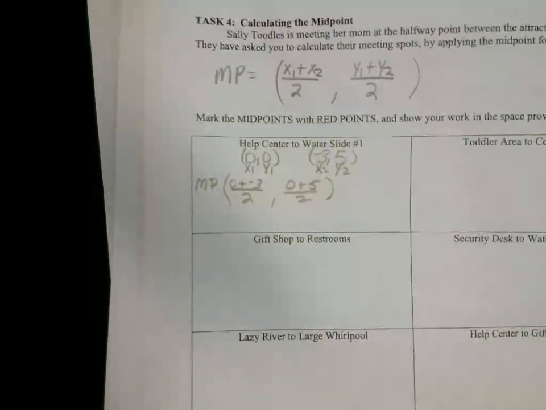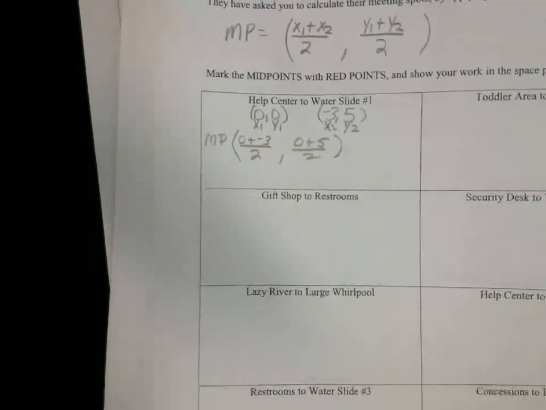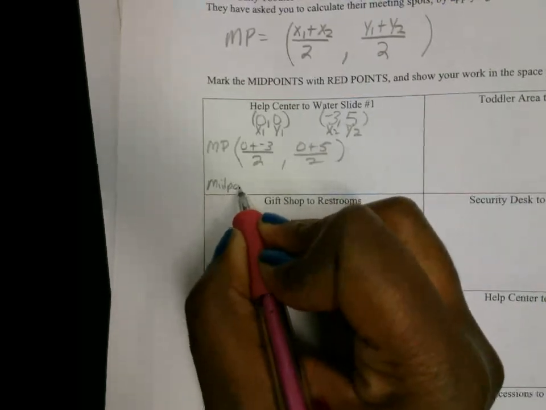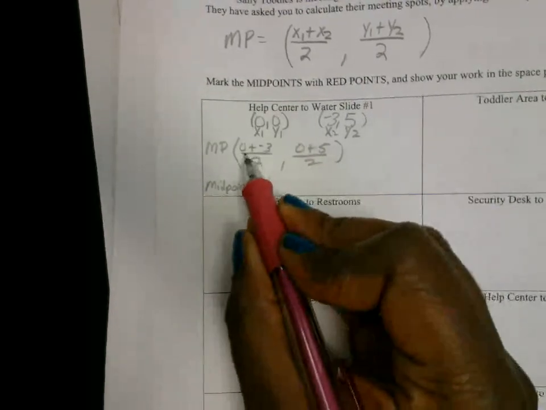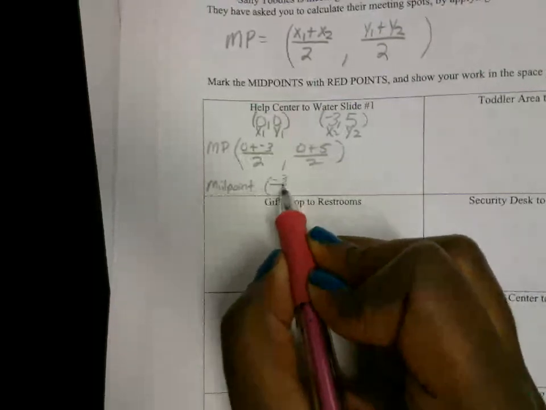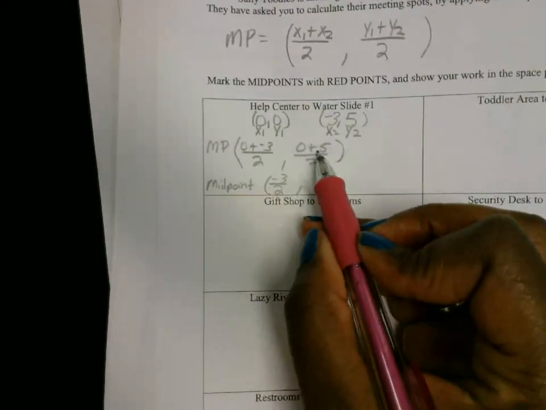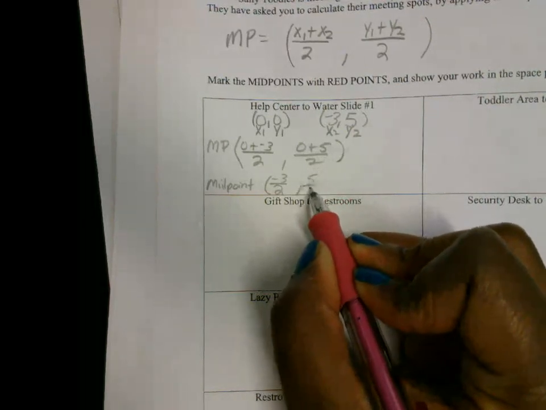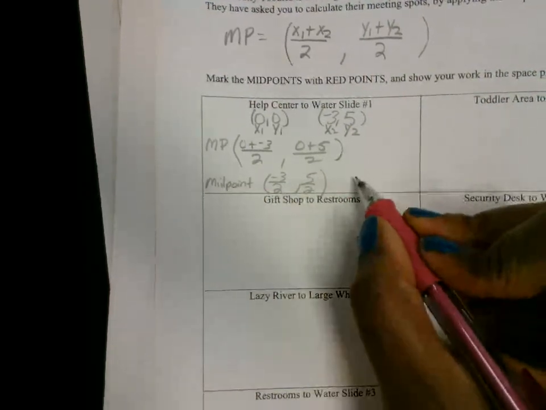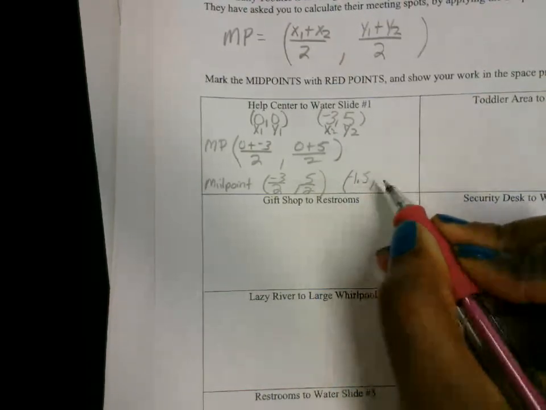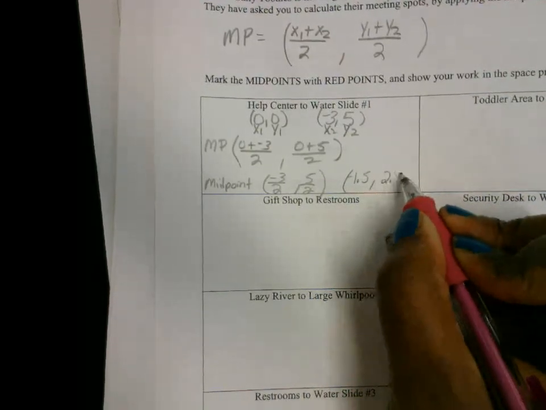All right, so here we go. For my midpoint here, the point that's in the middle is going to be negative 3 over 2. Okay. And here is going to be 5 over 2. So really what that is, a negative 1.5, and this is positive 2.5.